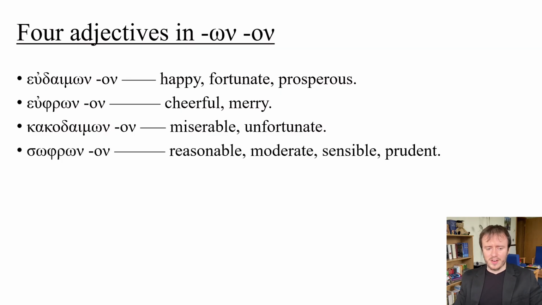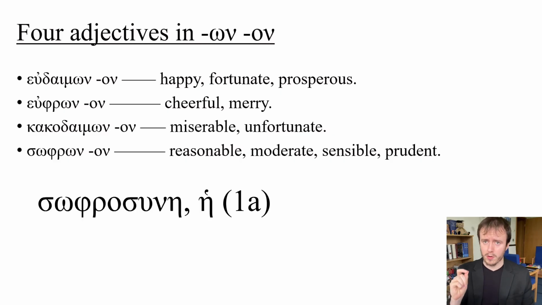Fourthly, we have the adjective sophron. Sophron is a very difficult word to translate. There isn't really one English word that captures the meaning of sophron. And the virtue that this is the adjectival form of is sophrosyne, or in the English transliteration, sophrosyne.